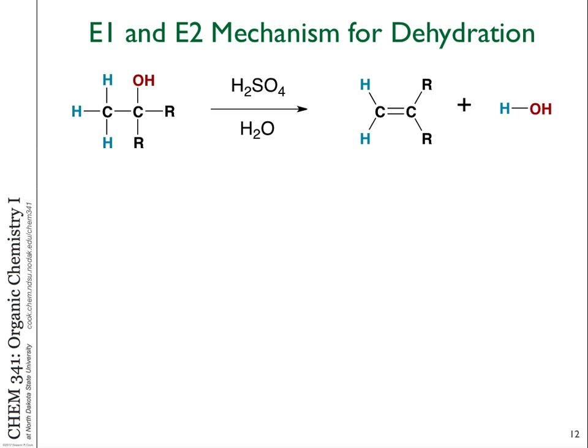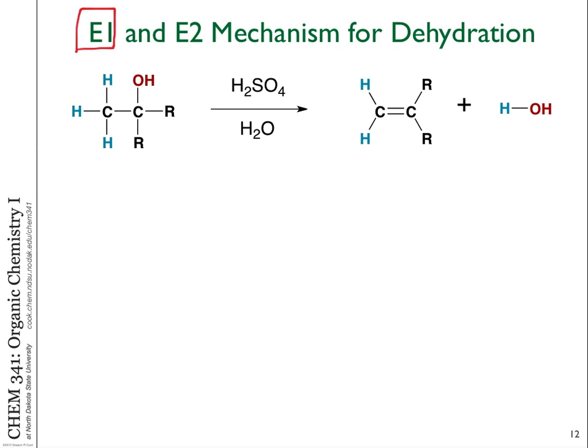Sulfuric acid, as you can imagine, could react with this. The main mechanism for this is what we call the E1 mechanism. What do you think that stands for? Elimination, and what the 1 stands for? Unimolecular.